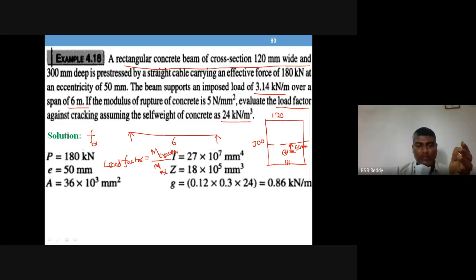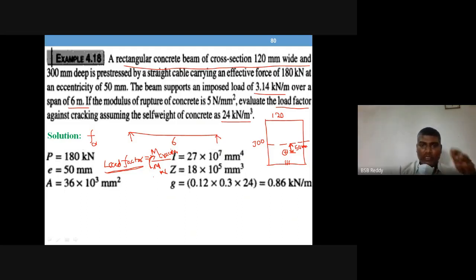So we call it MW. This ratio is the load factor. If you increase the service loads until the working bending moment equals the cracking moment, then cracks start appearing. So load factor is the ratio of cracking moment to working moment.